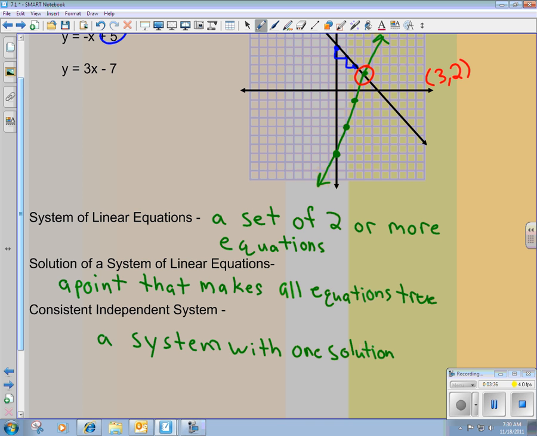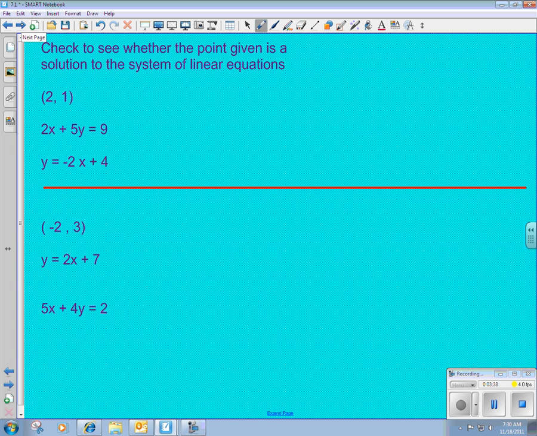So what happens if we have a system like 2x plus 5y equals 9, and y equals -2x plus 4, and you want to figure out if the point 2, 1 is a solution or not? To do that, we check just like we would a line. We put that 2, 1 in. Remember, our 2 is our x value, and our y value is 1, and see if it works.